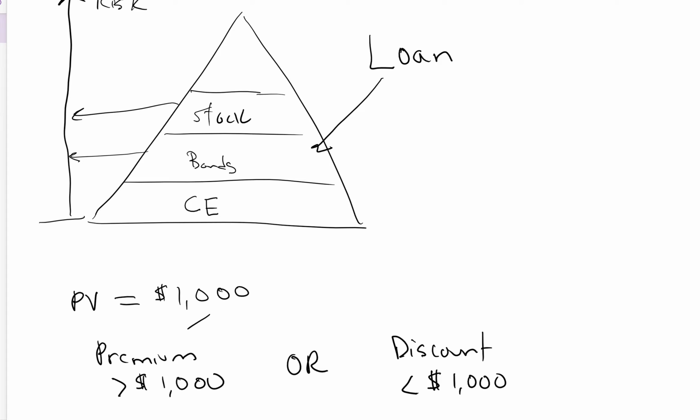So for example, the price you may pay might be $960, or the price that you pay might be $1,050. So again, they're trading somewhere around $1,000 perhaps, but probably never at $1,000.